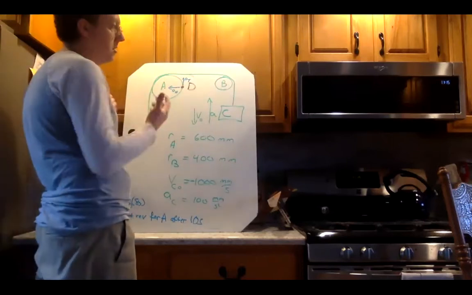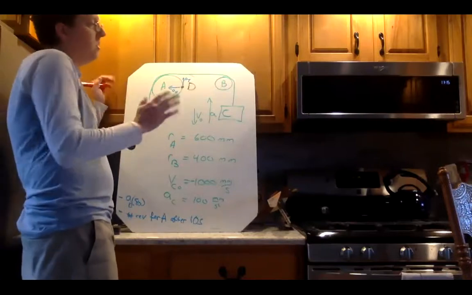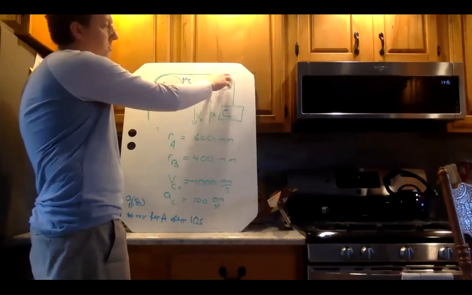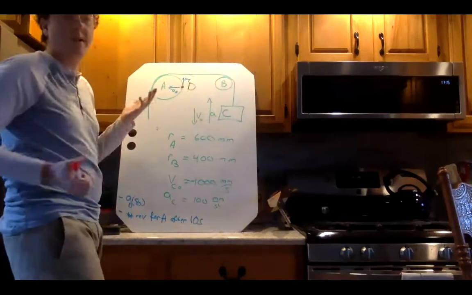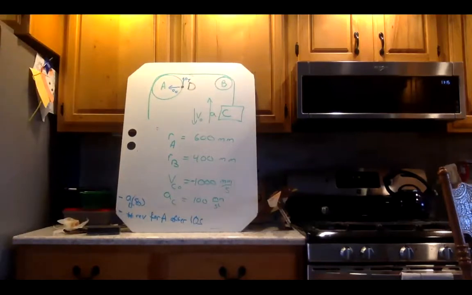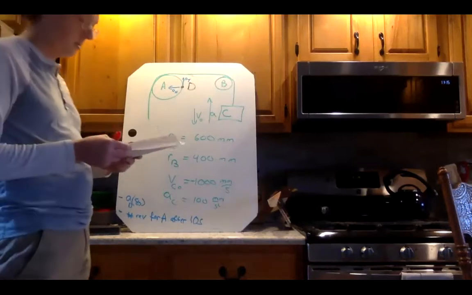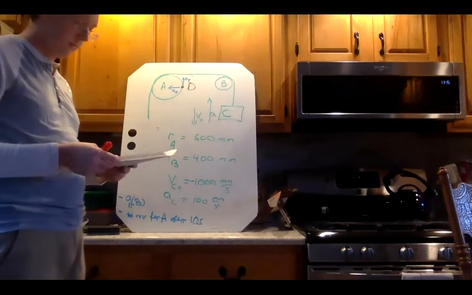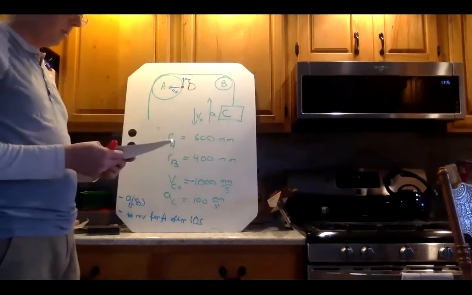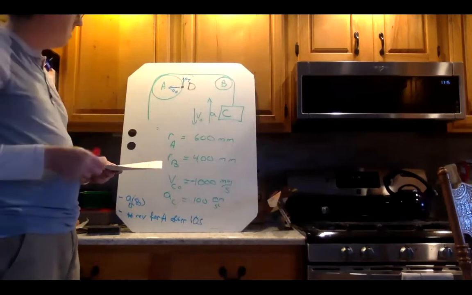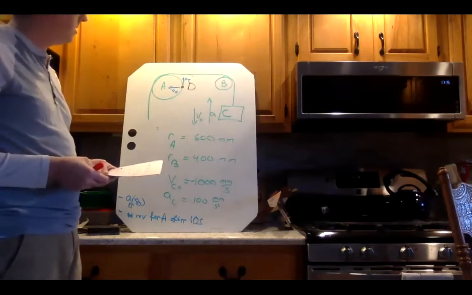We don't need to know anything about B. If I wanted to work out the accelerations for points on B, it'd be a similar analysis, but the problem didn't ask for that. So is the tangential acceleration not dependent on time because it's constant? That's right. So basically, we just need to find the normal acceleration of D and then find the magnitude.